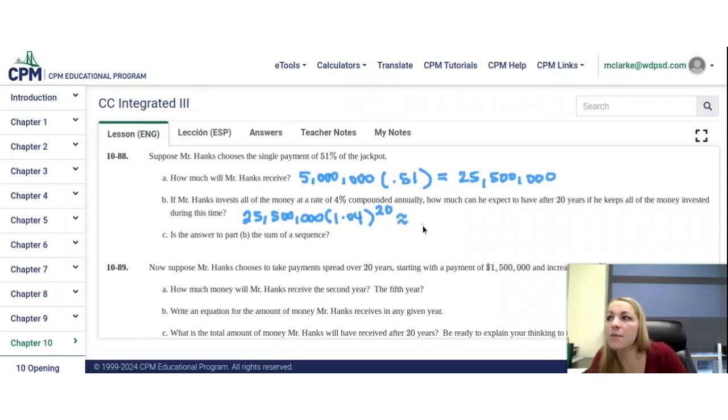And if you type that into your calculators, he will have $55,873,640. Is this the sum of a sequence? No. We are just plugging 20 into a geometric sequence equation. So now we're going to deal with one where it is a series. We're going to be adding up all of those terms.